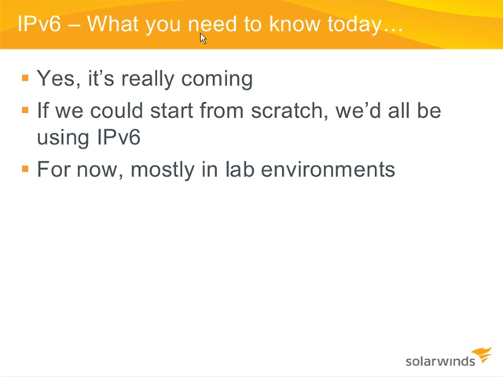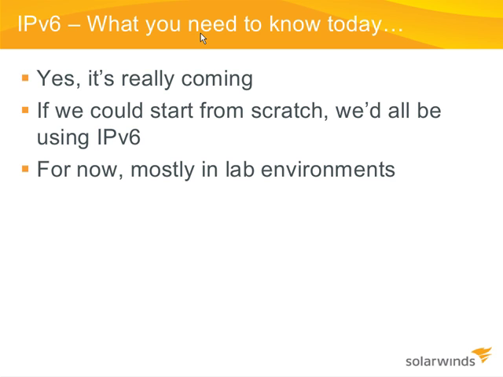And for now, from working with a lot of our customers, we've seen typically that this has been mostly deployed in lab environments. We haven't seen it rolled out in production at large scale. And if we have seen it, it's been primarily where it's dual stacked. Yeah, I mean, for me, when I talk to customers, the only customers I've seen that are routing production IPv6 traffic are usually service providers that have a need to do that.